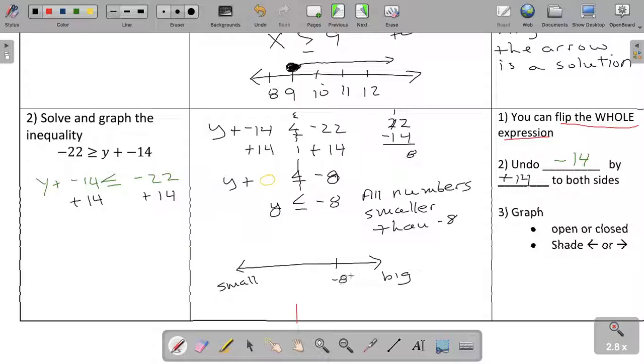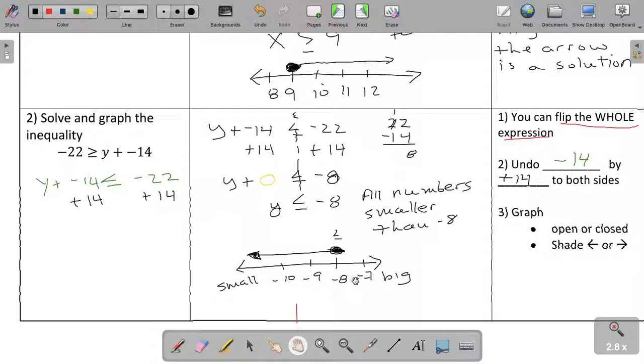So there's negative 8, there's negative 7, negative 9, negative 10. So I'm going to do a closed circle. Again, it's a closed circle because it's less than or equal to, and I'm going to draw my arrow to the left. Okay, and that is our answer there. y is less than or equal to negative 8, and we graph to the left.